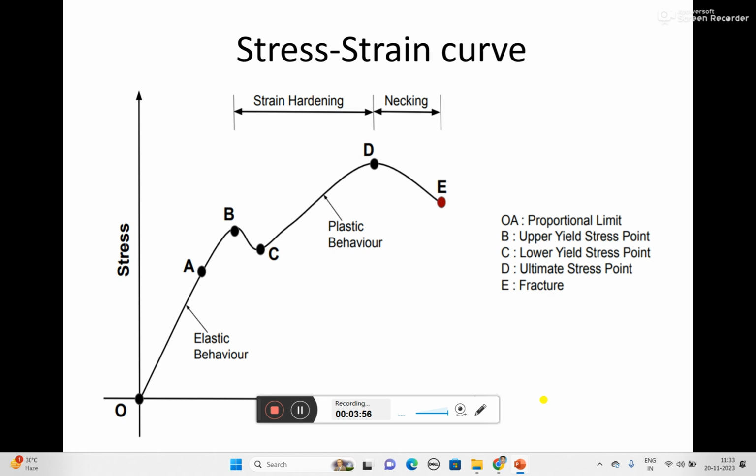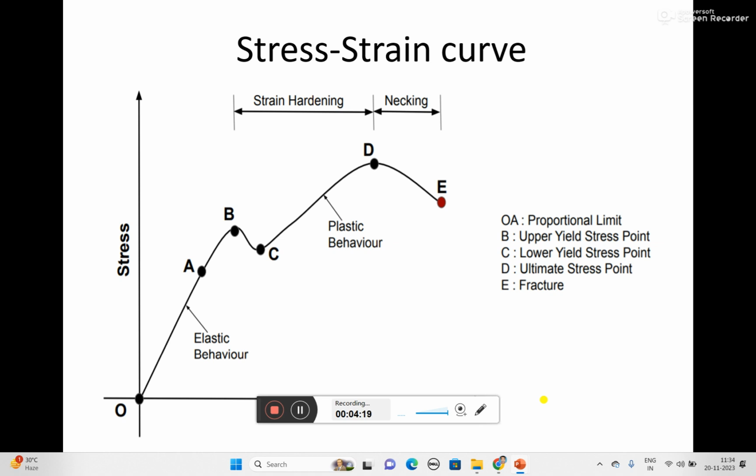In the practical scenario, to draw the stress strain curve or to estimate the different properties, we perform some tests using the UTM machine, the universal testing machine.